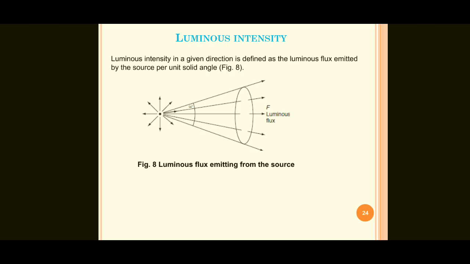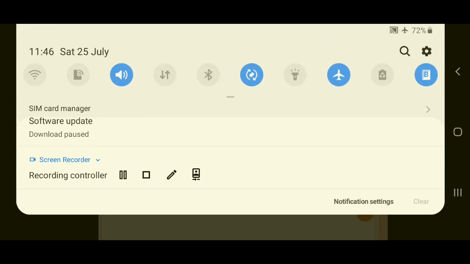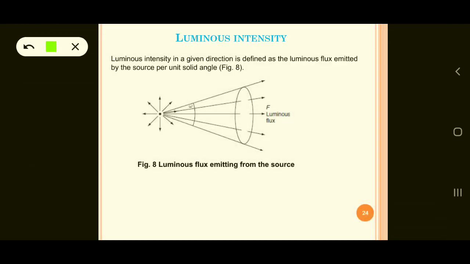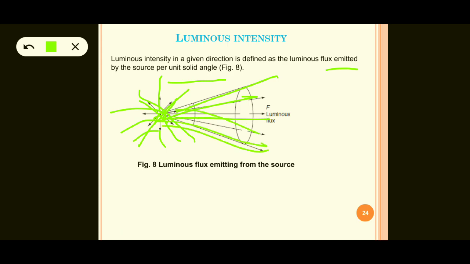So here now, the luminous flux emitted per unit solid angle. Here it is the source. From this source the light output waves. So here this is a unit solid angle.